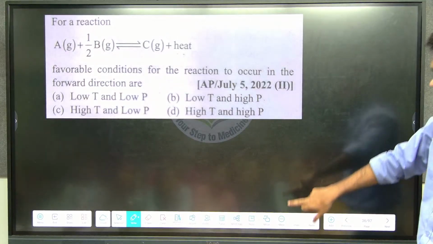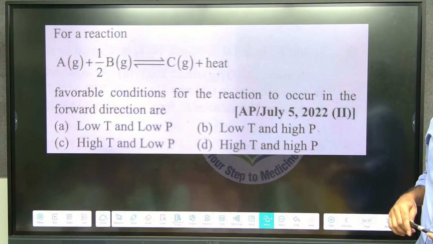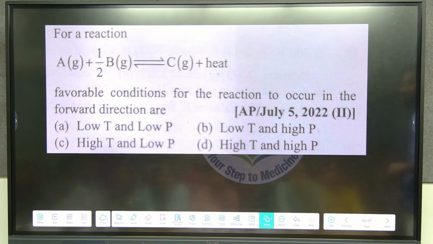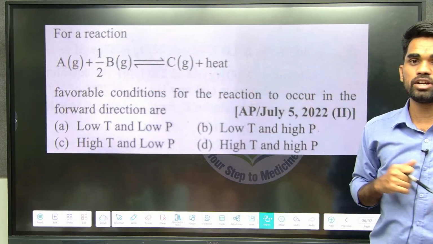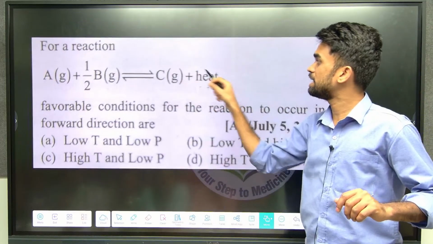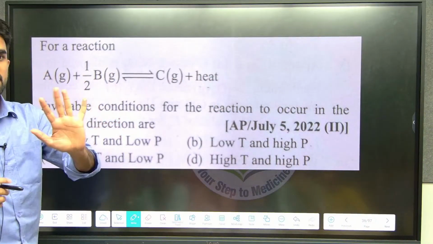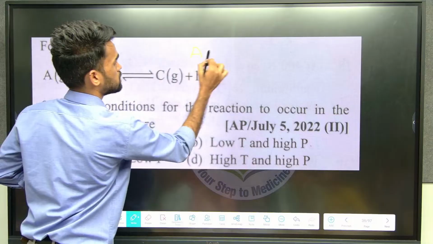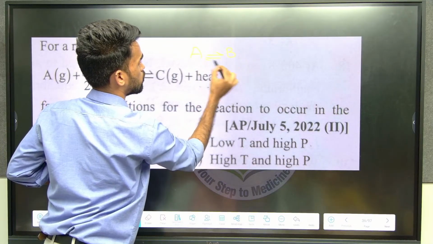Tell me for this fast. Favorable conditions for forward reaction. See whether it is exothermic or endothermic. See, along with our product, heat is also released. See, the same reaction, look here, indication of chemical reactions. A gives rise to B, meaning our product is B, right?